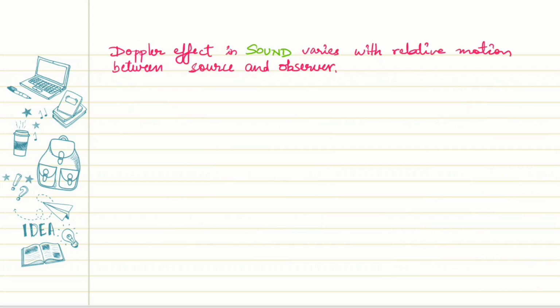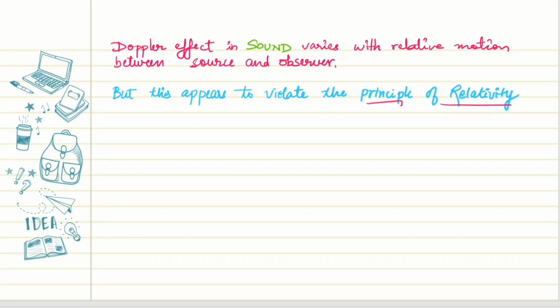We know the Doppler effect in sound varies with the relative motion between source and the observer, but this appears to violate the principle of relativity. Why am I saying that?